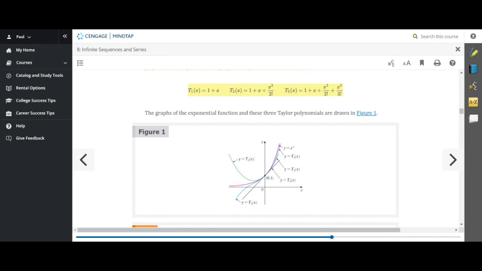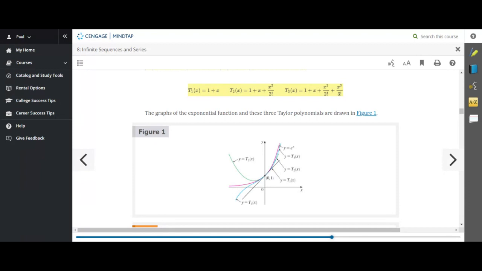So all these functions approximate the exponential function reasonably well around x equals 0. But then as you move away from x equals 0, the Taylor polynomials start to get worse. In other words, they don't approximate the exponential function well as you move some distance away from x equals 0.